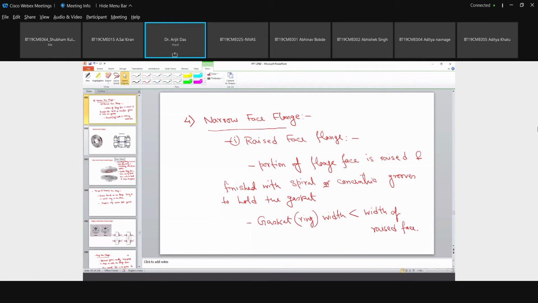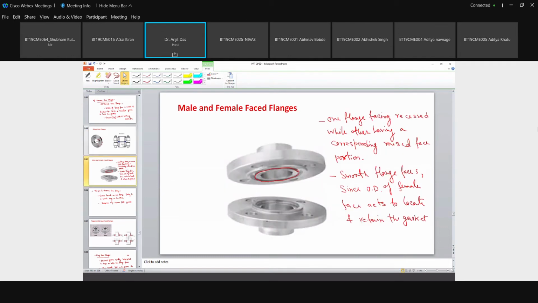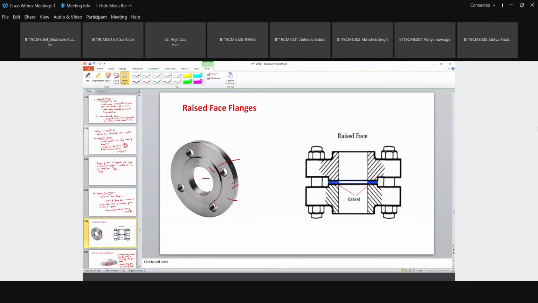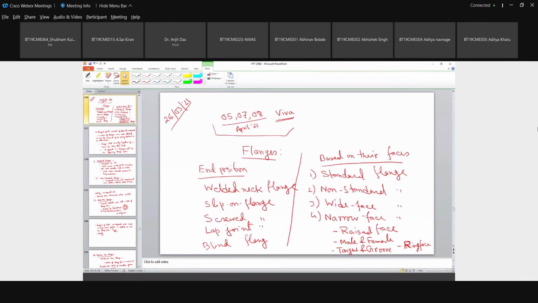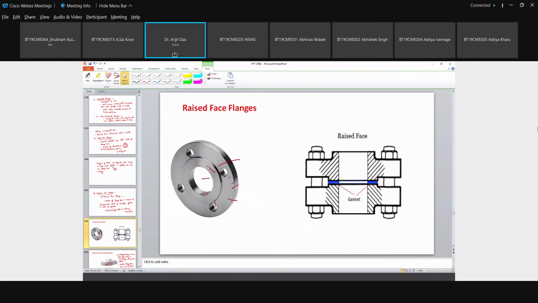Now, you see here the types of narrow face: the raised face flange, male and female, tongue and groove, and ring face. So this is the picture for the raised face flanges, and the corresponding schematic diagram is like this.